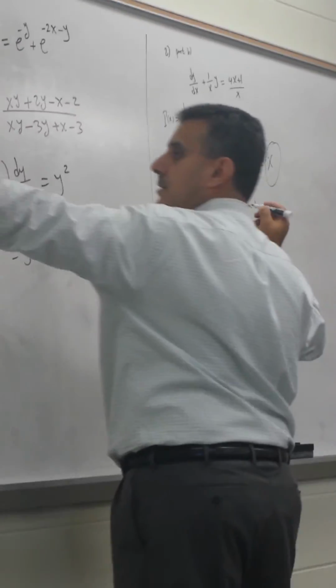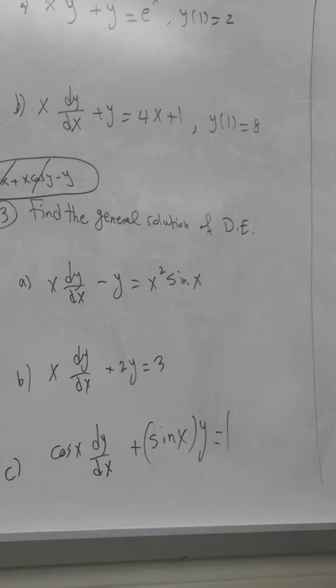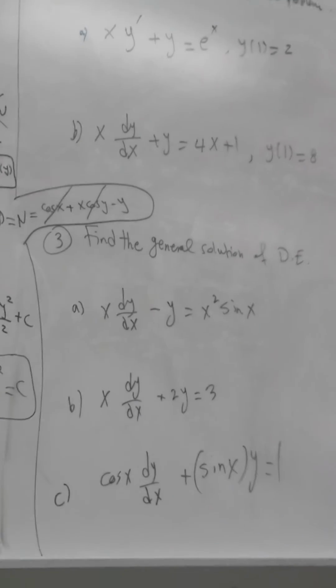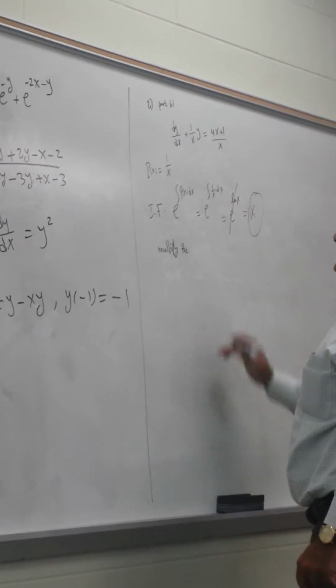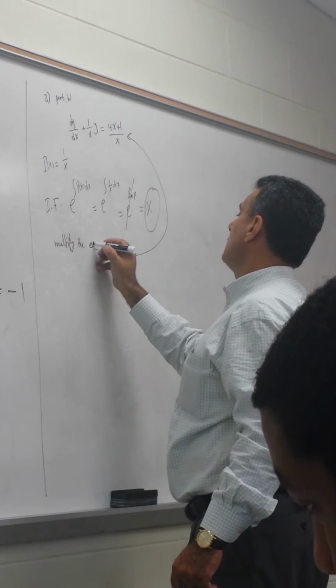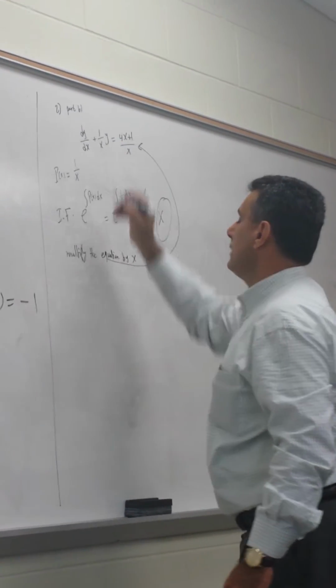So you go back to the original equation multiplied by x, and what do you get? x squared. Then you multiply, not the original equation, this one. You multiply the standard form. You multiply this equation by x. So this gives you what?